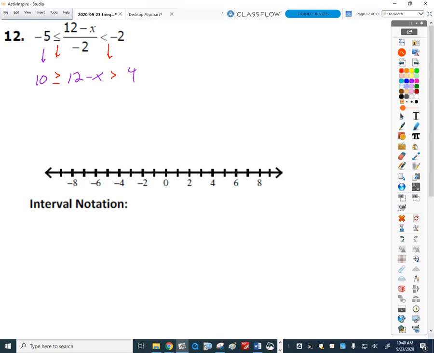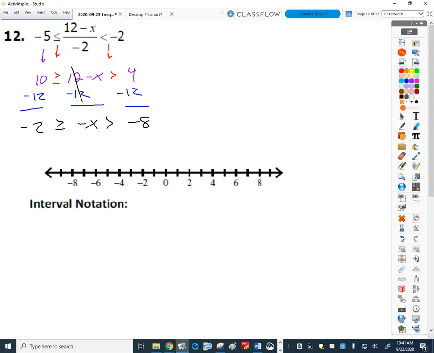And then what now? Subtract 12. Okay, so we end up with -2. Those cancel. I get a -x and a -8.